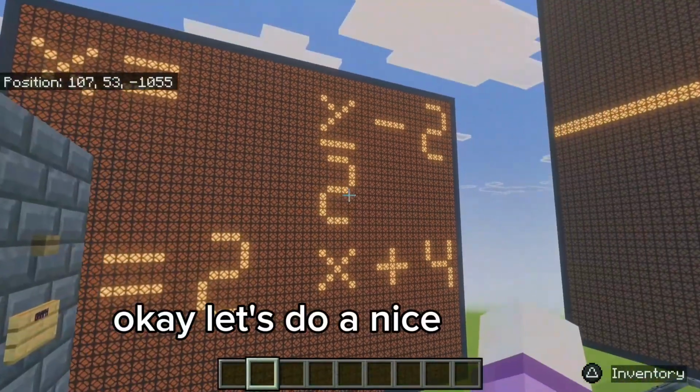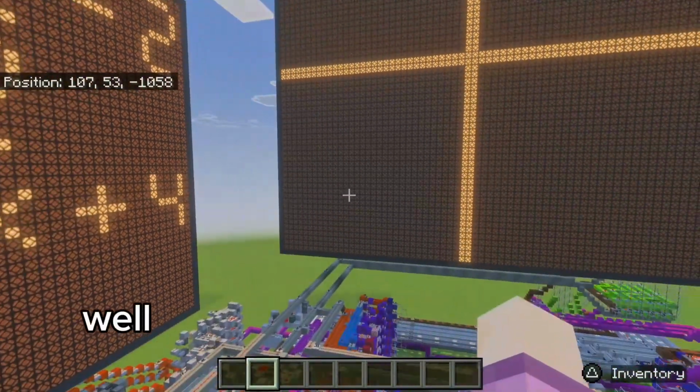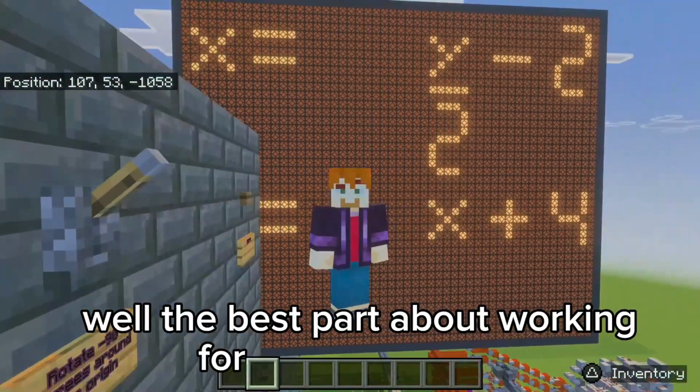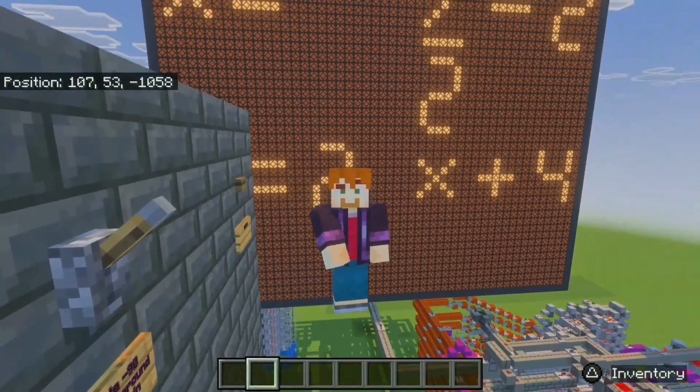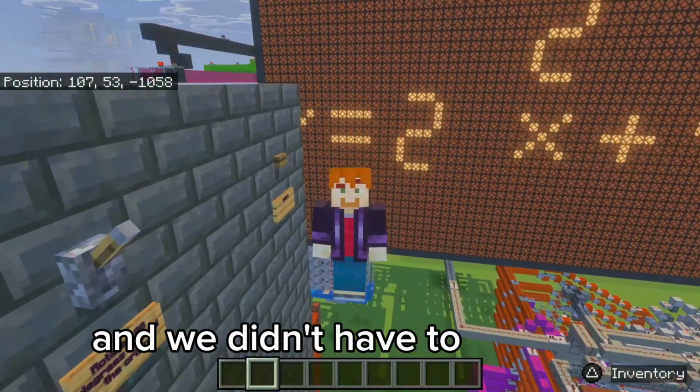Let's use it. Okay, let's do a nice little line. And hit graph. Well, the best part about working for quite some time is that now all I have to do is wait. And we didn't have to wait long.